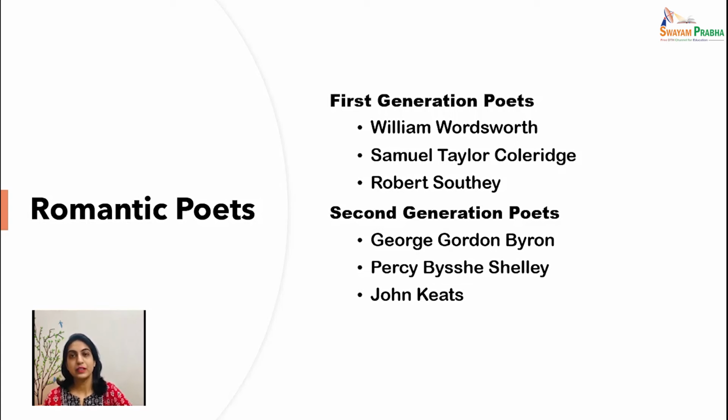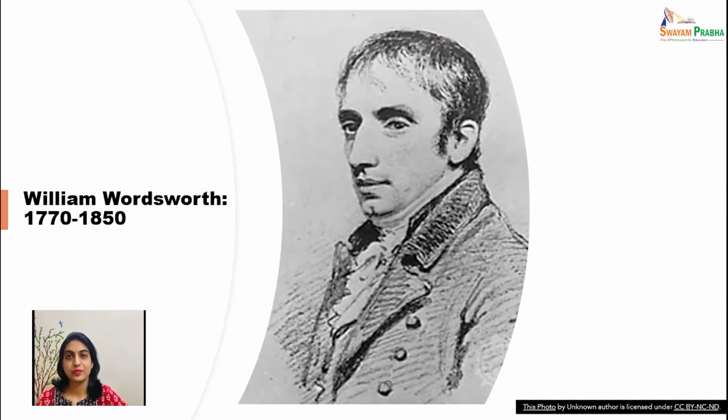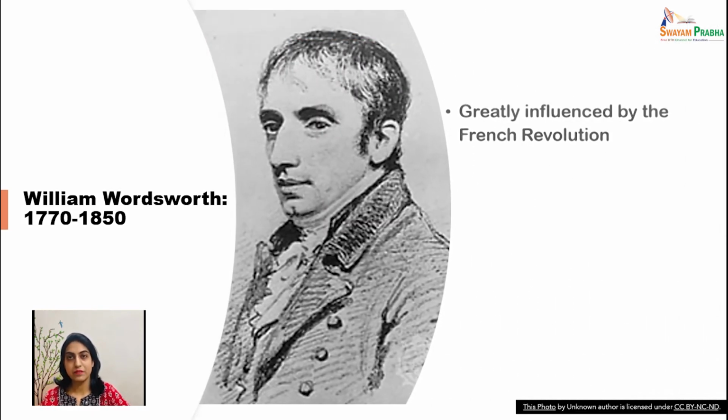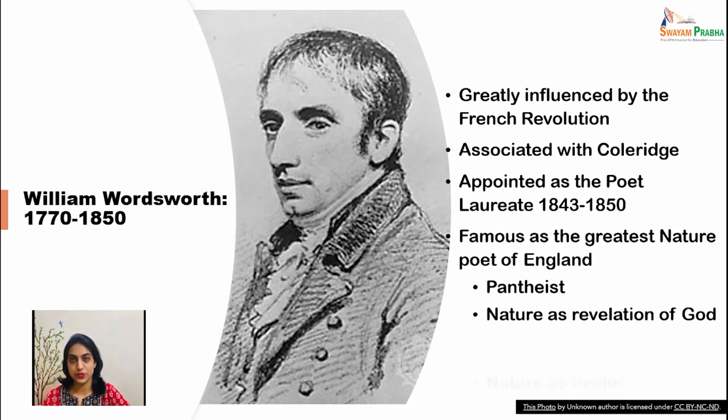So, here, first in the list is William Wordsworth. He was born in 1770 in Cockermouth, Cumberland, in the Lake District. William Wordsworth was one of the central figures of Romanticism. He studied at Cambridge University.